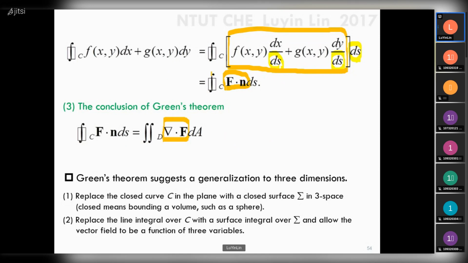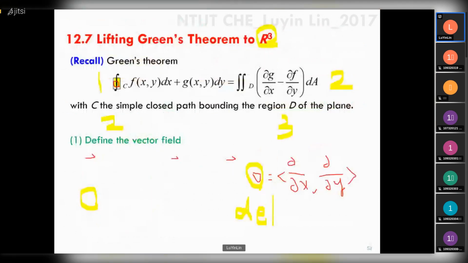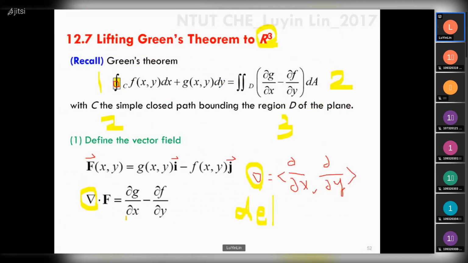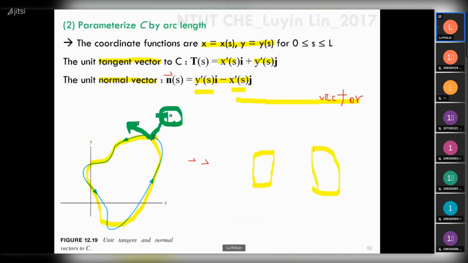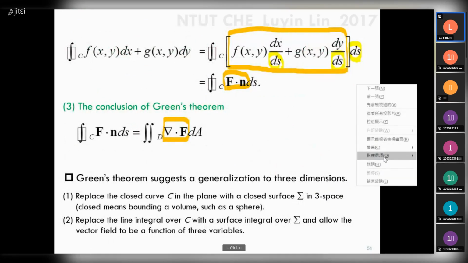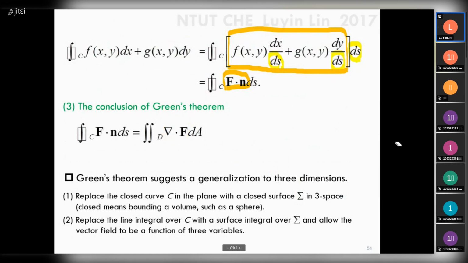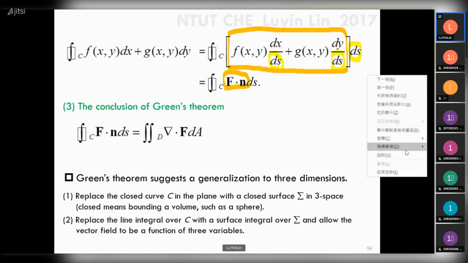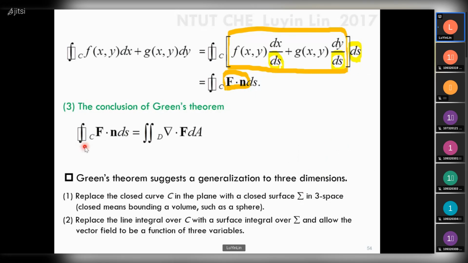The first point, right? Let me see. Here. Okay. F is this one. This one is this one, right? So you can put this one here. Then you will get this. Okay. So we convert Green's theorem into a different form. This is still Green's theorem, but in a different form.